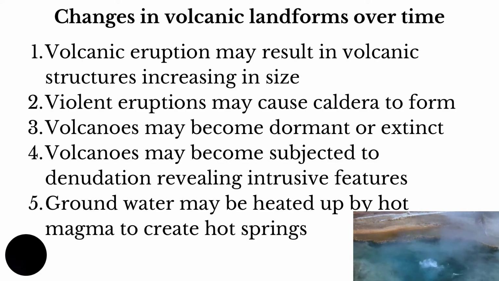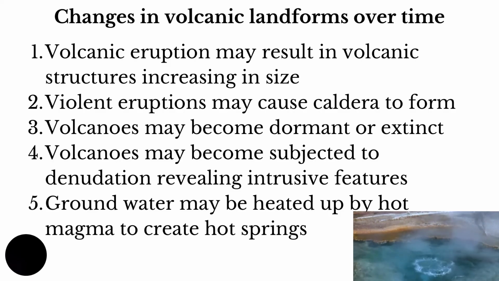Now, the level of activity of volcanoes may also change over time. So, an active volcano, a volcano that was previously active and erupting relatively frequently, may become dormant with time or may even become extinct.